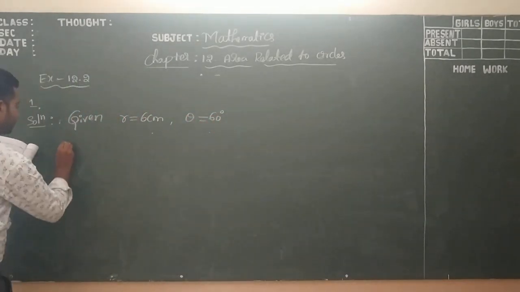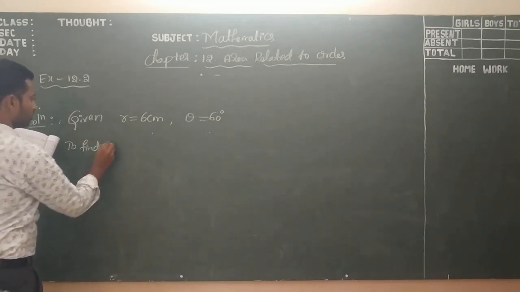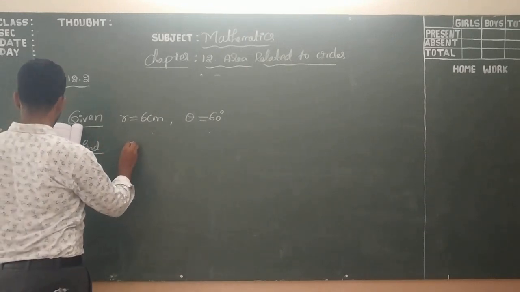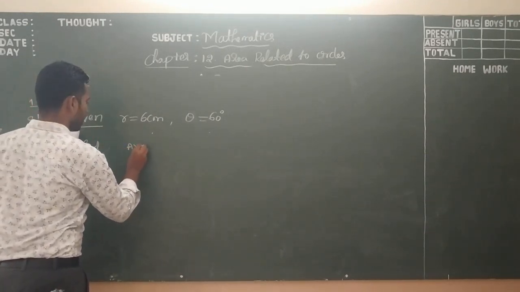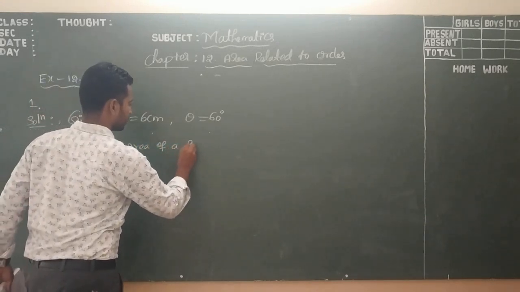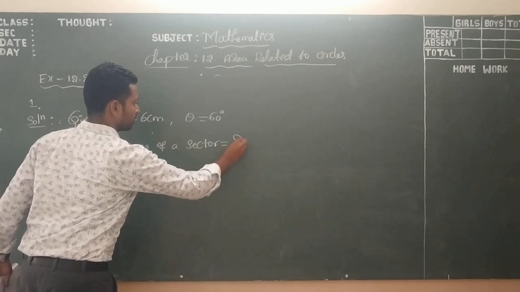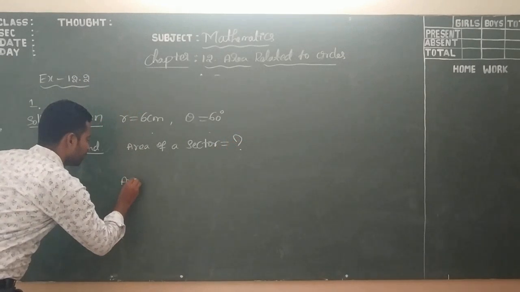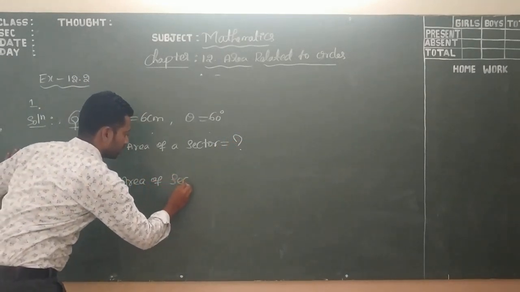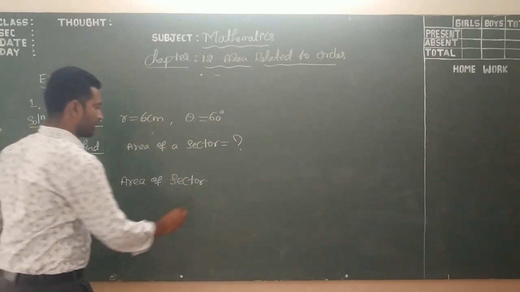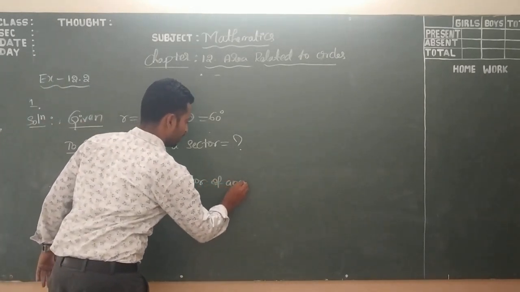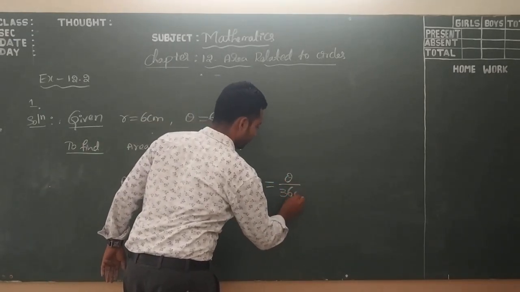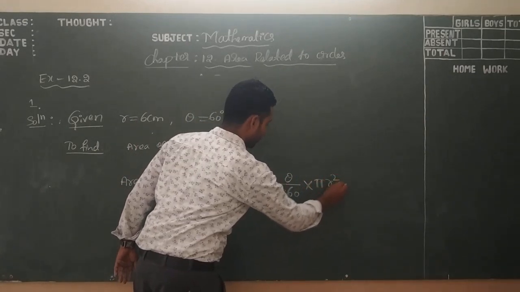Okay. So to find what? The area of the sector. First, the area of sector formula. The area of the sector of angle theta equals theta by 360 into pi r square.